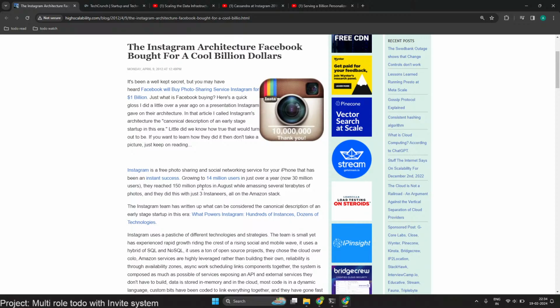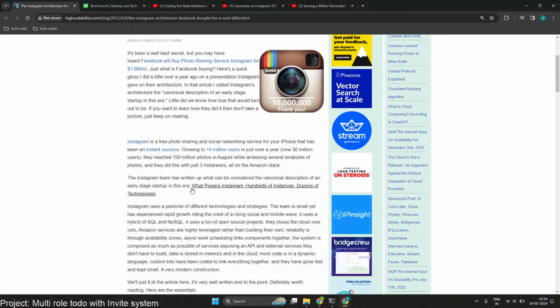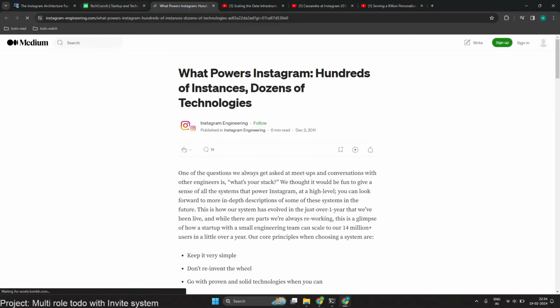They reached 15 million photos in August, with several terabytes of photos, and this with just 3 engineers, all on the Amazon stack. The Instagram team had written up what can be considered the canonical description of the stack: what powers Instagram, hundreds of instances.